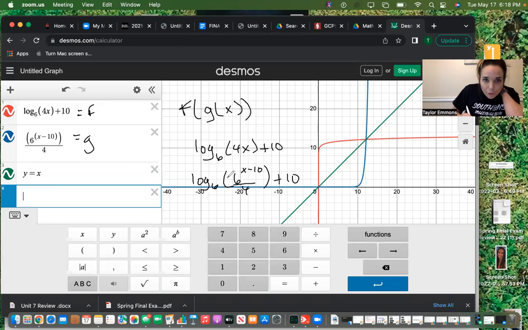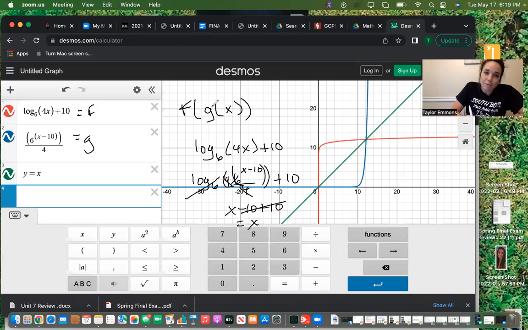And we have to multiply 4 in here, sorry, 4 times that. So if we had something like this, these 4s would cancel, these 6s and log base 6 would cancel. So I would get x minus 10 plus 10. Well, those cancel, so I would get just x.